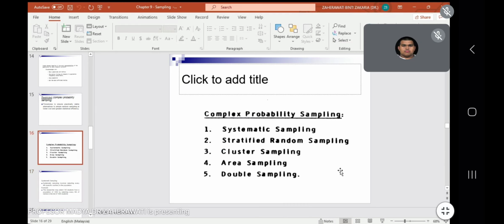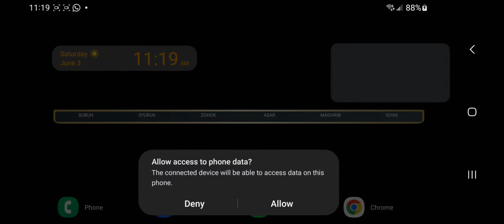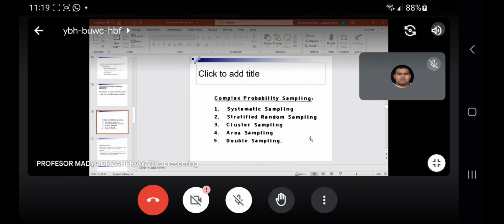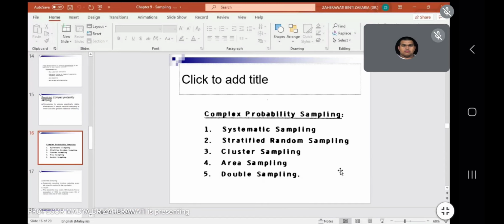And the next one is stratified. Stratified means that you stratify by zoning, by area, or by categories of respondent. Let's say you categorize them as households in rural areas, let's say in Tanjung Dawai, the factors contributing to poverty in Tanjung Dawai.